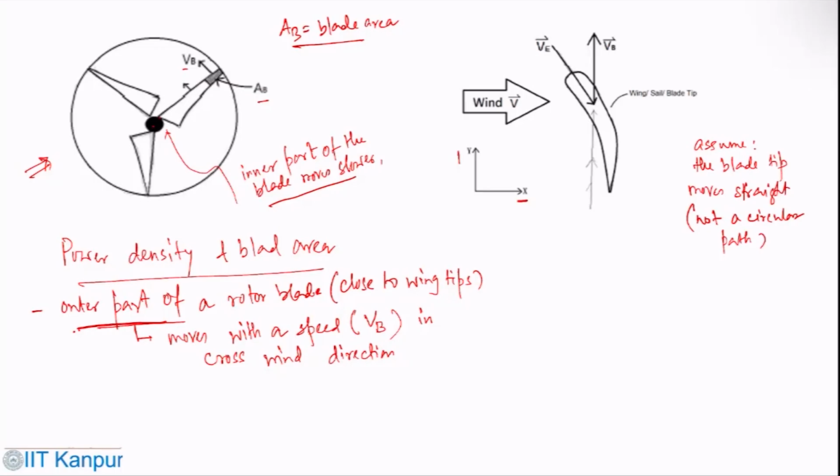Now the motion of the blade tip can be compared to a sailing boat moving upwind or crosswind.